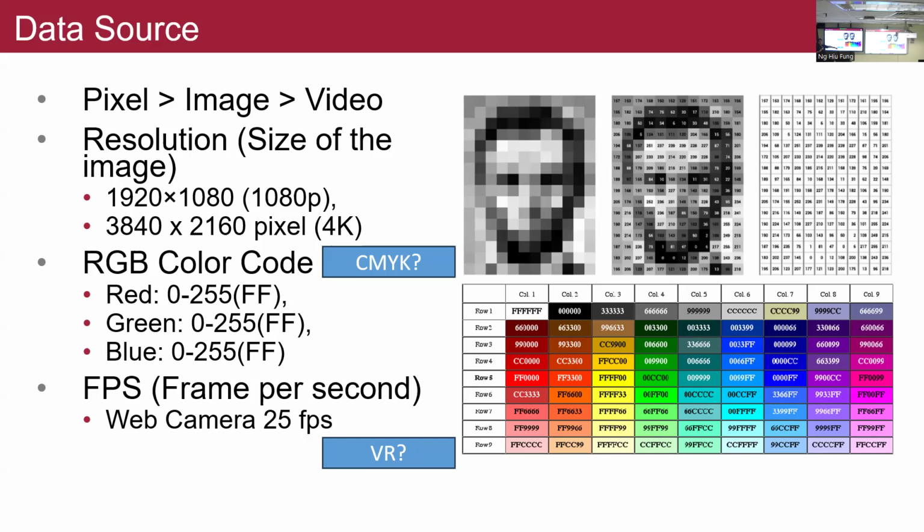And for VR, how many frames per second? The suggestion is at least 90. And 90 is generally for your left eye and right eye. That means they are generating more than 180 images per second.